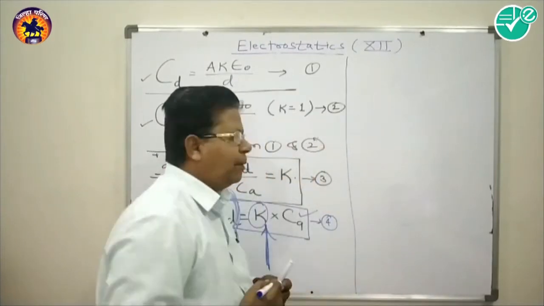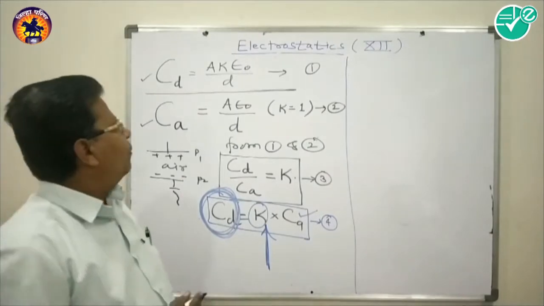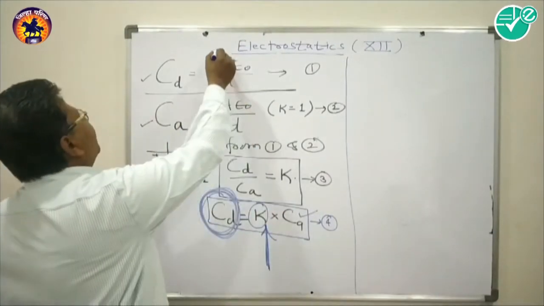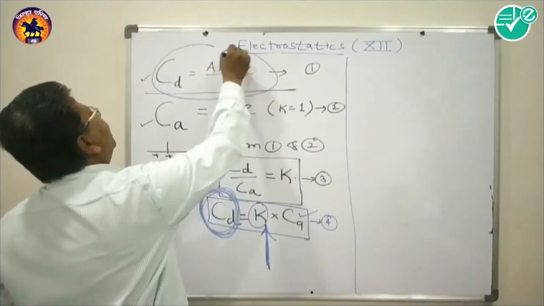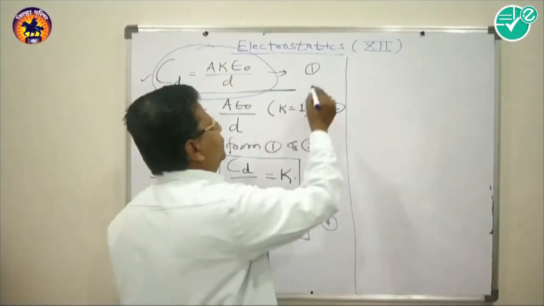In case of parallel plate capacitor, we have found the formula CD is equal to AK epsilon 0 by small d.